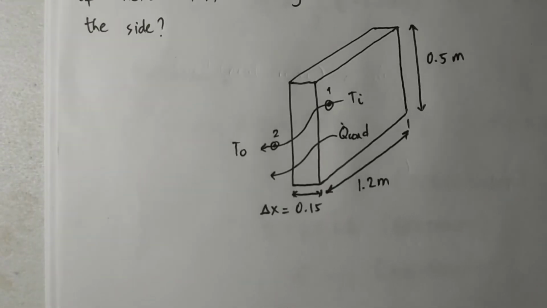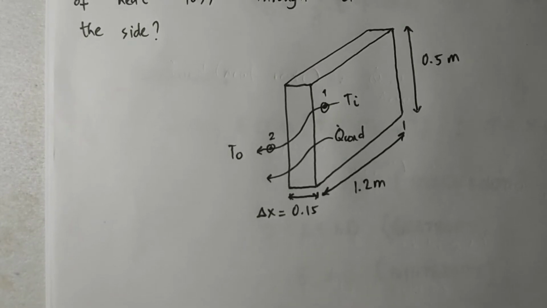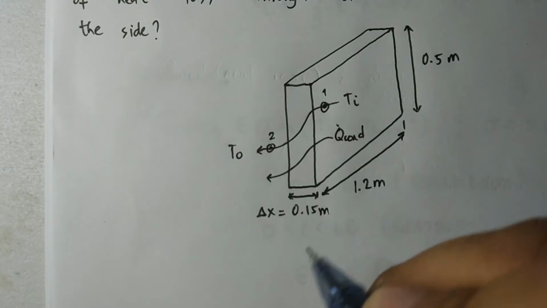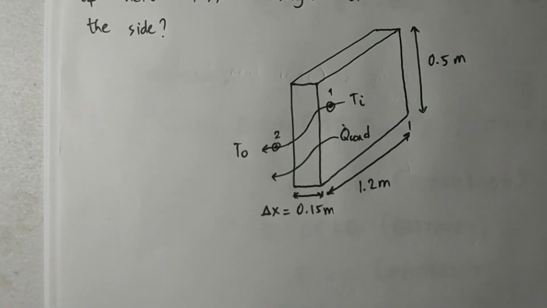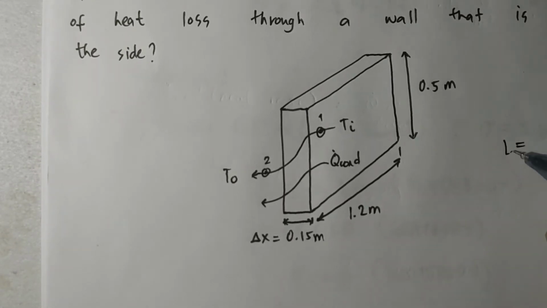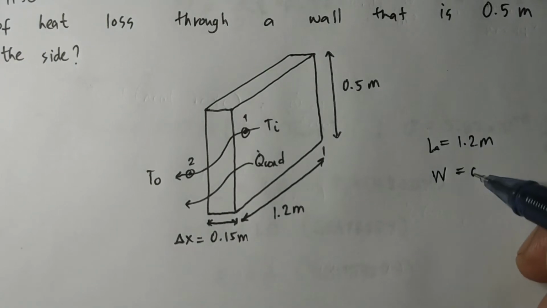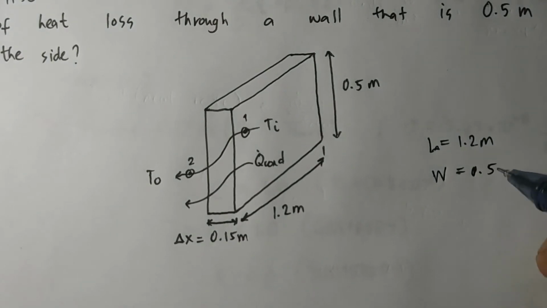So automatically we have the value of delta X, which is 0.15 meter. We have also the length of 1.2 meter sa cross section niya. Width is 0.5 meter.